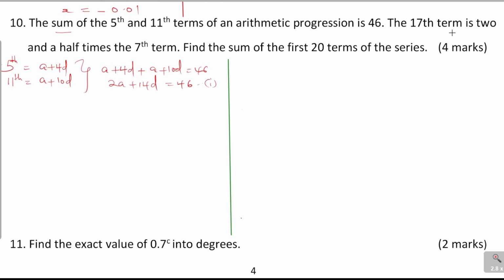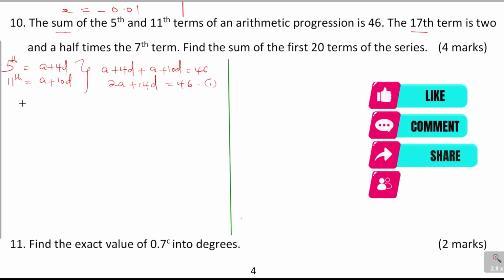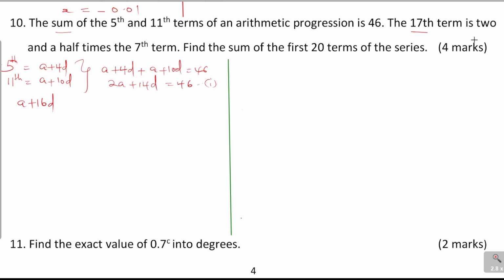Go to the other statement. The 17th term, which is written as a plus 16d, is 2.5 times the 7th term. The 7th term is a plus 6d.